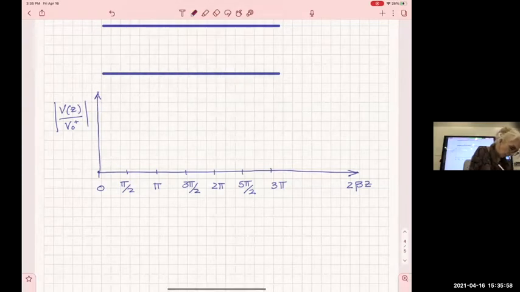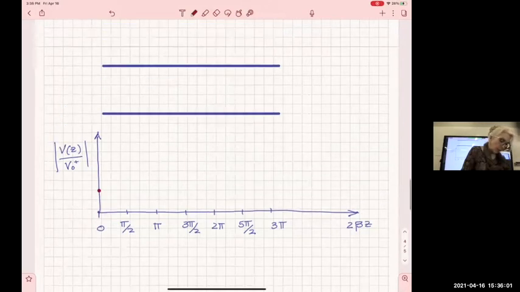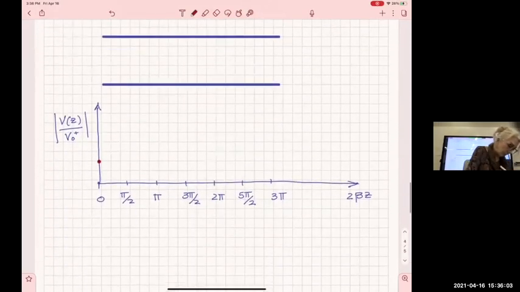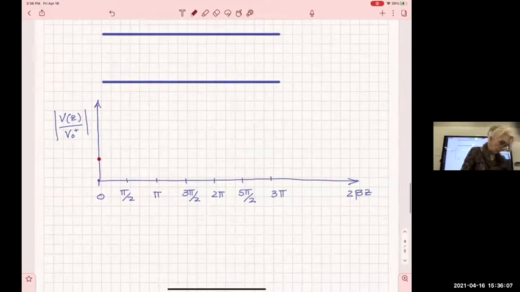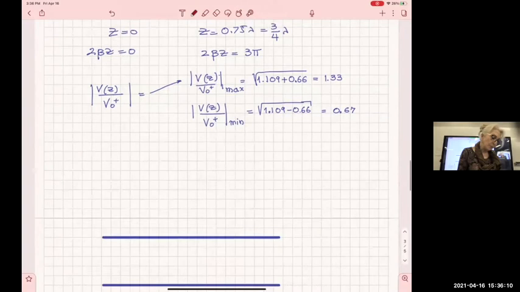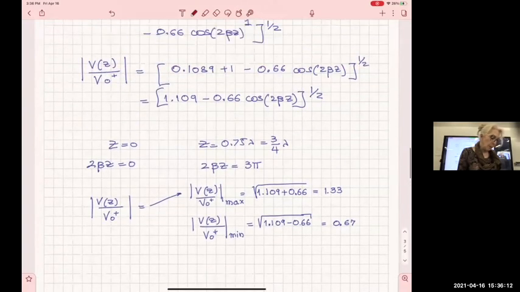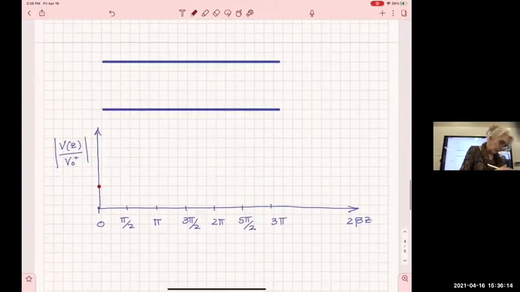Okay, it starts somewhere here, and then from there, it goes to 1.3, say somewhere here at pi over 2. At pi, that is going to become -1. So at pi it gets its largest value.